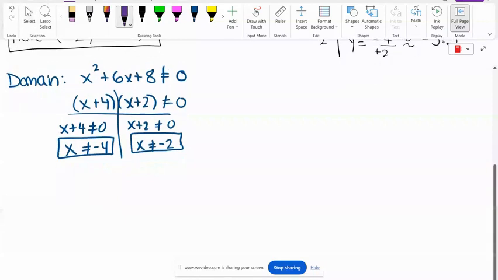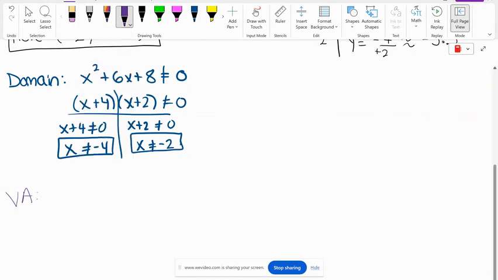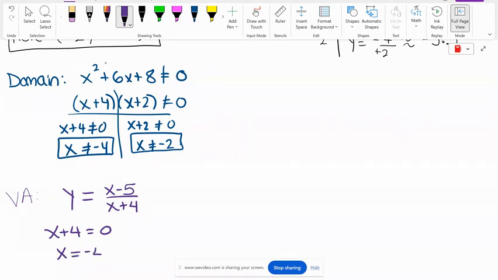Vertical asymptote. For the vertical asymptote, is it the original or the simplified version? Simplified. So for the vertical asymptote, we have y is equal to x minus 5 over x plus 4. We're going to take that denominator, set it equal to 0, and we will have a vertical asymptote at x equals negative 4.